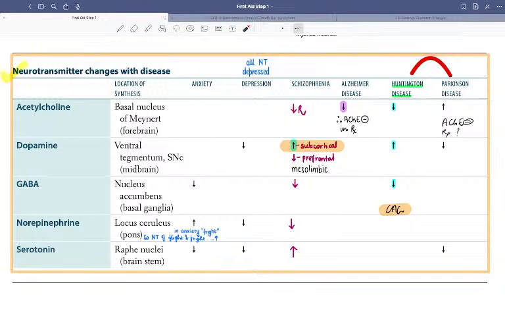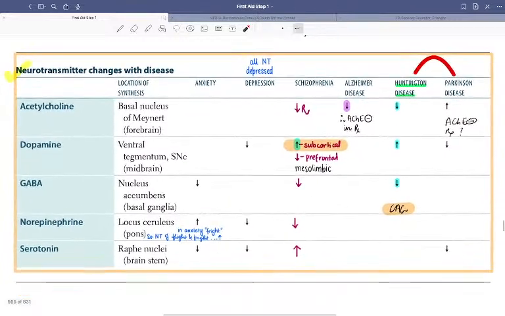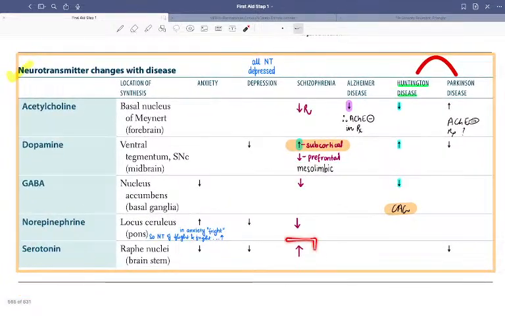And in schizophrenia, this is one point of contention. See, everything is low in schizophrenia. Just remember schizo rhymes with low. Everything is low except serotonin. Now think of it in this way also: SSRI, the selective serotonin reuptake inhibitors.